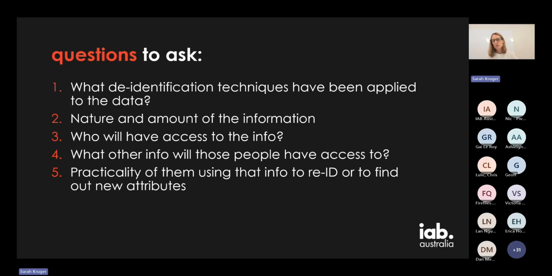Understand the nature and the amount of the information that has been de-identified, who will have access to it, and importantly, what other information those people have access to. So that might be information that you as a business are giving, or it might be publicly available information. But you need to focus on the practicality of them using that information to re-identify or to find out new attributes for that person.